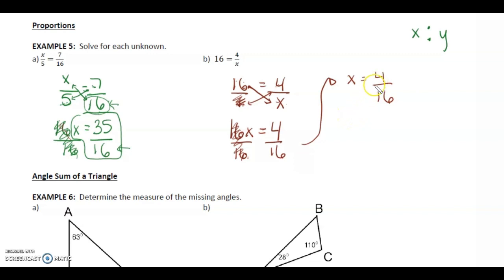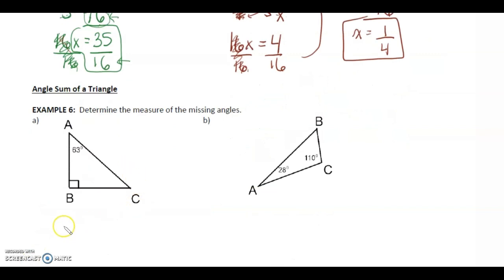Now, thinking about the number 4 and the number 16, let's actually put that into lowest terms. So 4 divides by 4, and 4 divided by 4 is 1. And 16 can divide by 4, and that's going to equal 4. So x equals a quarter.